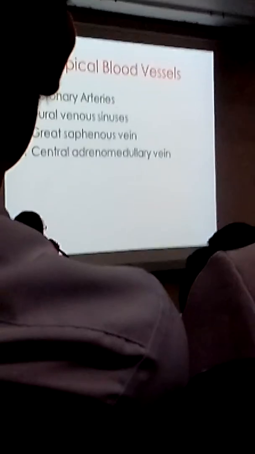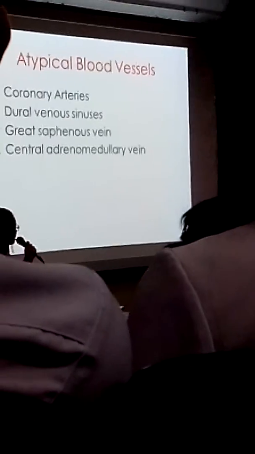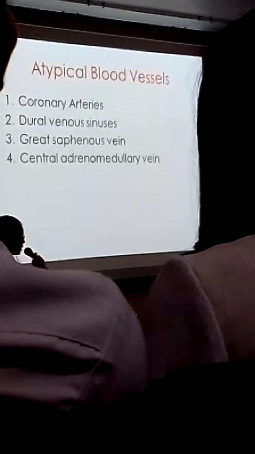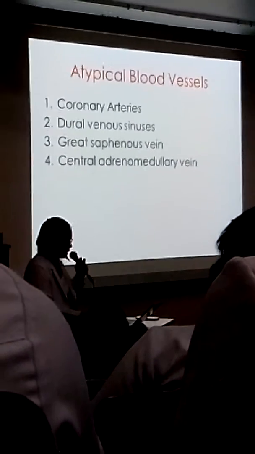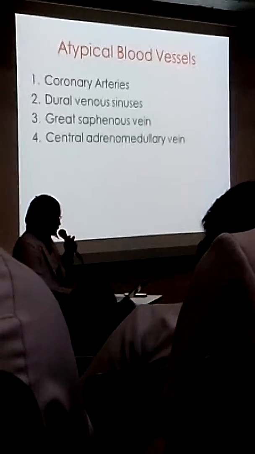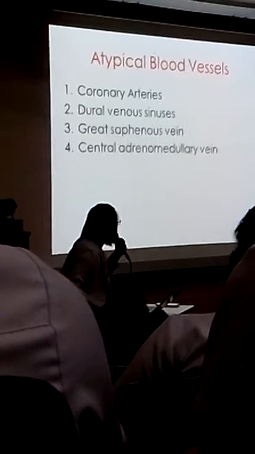So let's now go to the atypical blood vessels. Why are coronary arteries atypical? In comparison to a regular medium-sized artery, the smooth muscle is thicker. So how about your dural venous sinuses?